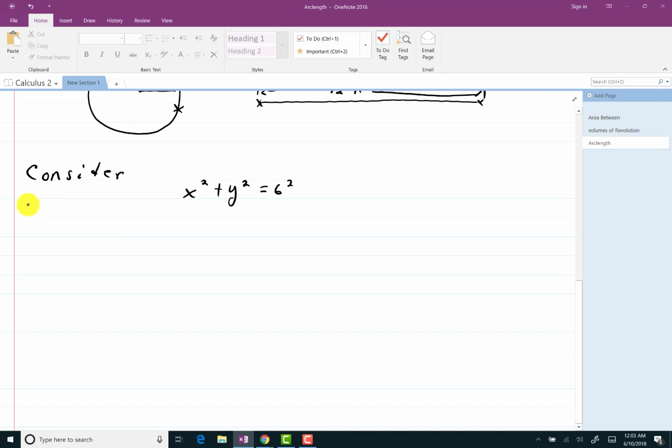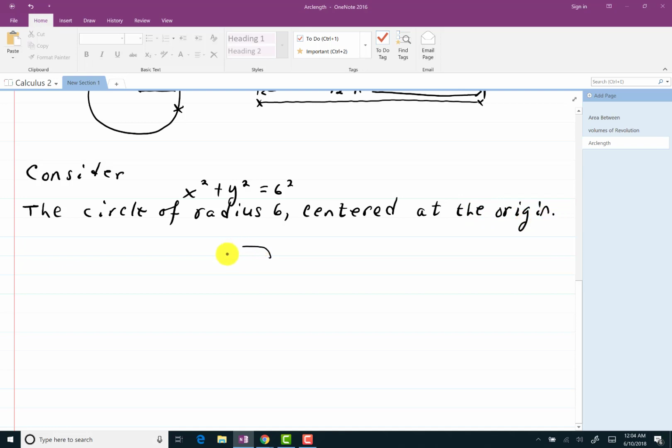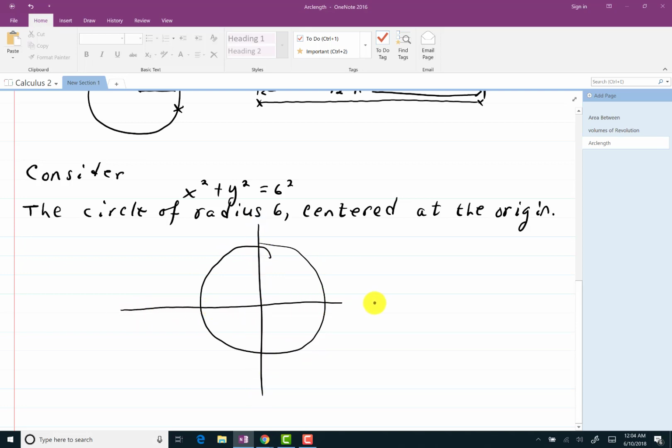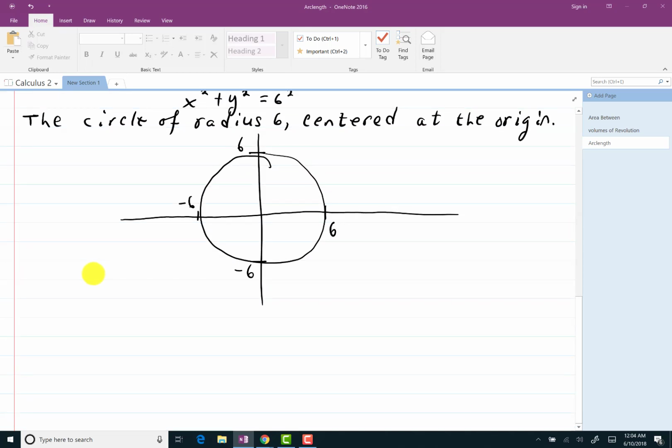So we'll call it the circle of radius 6, centered at the origin. Okay, I put the numbers there because my circle doesn't look so great.